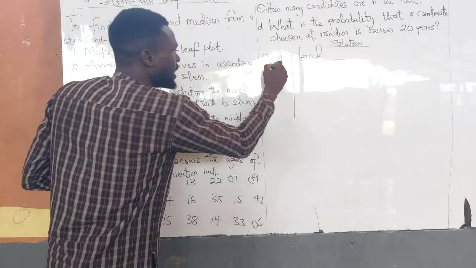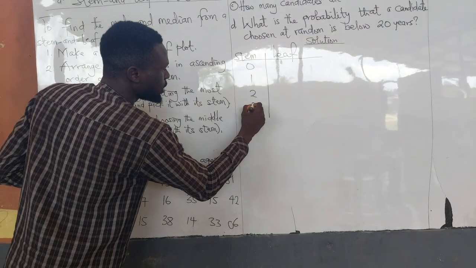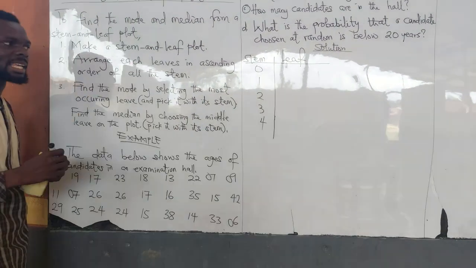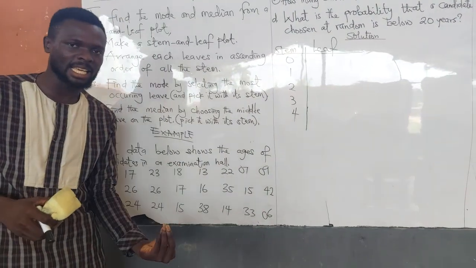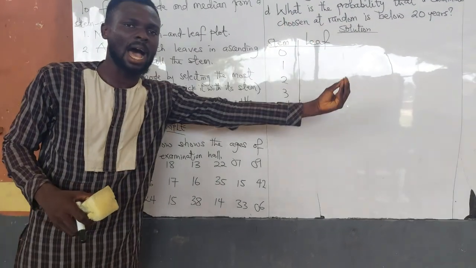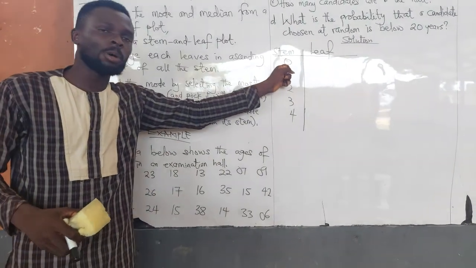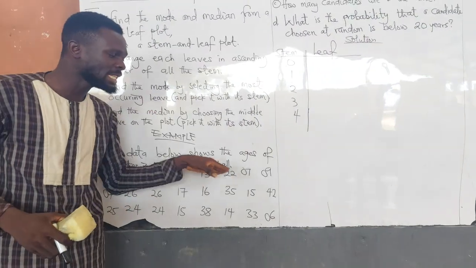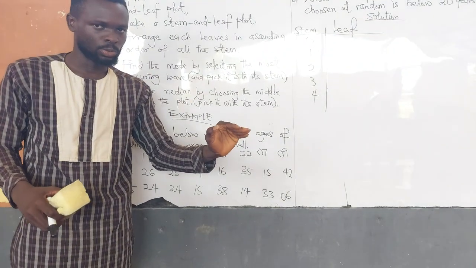Remember that the stems are the leading digits and the leaves are the trailing digits. We only brought 0 because there is a single digit, and anytime you see a single digit, its stem is 0.